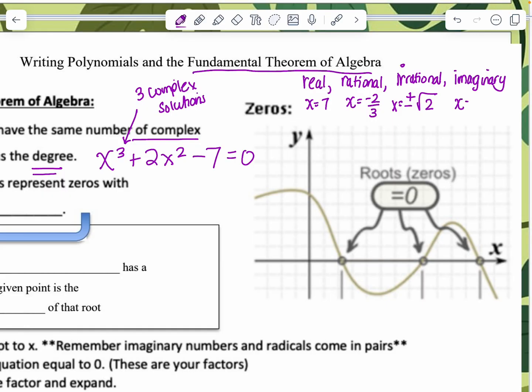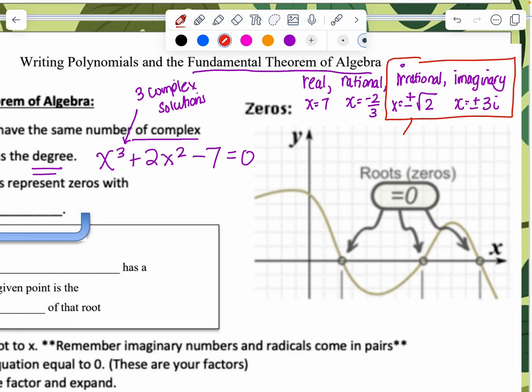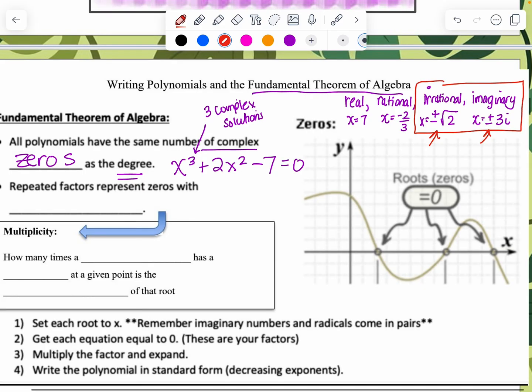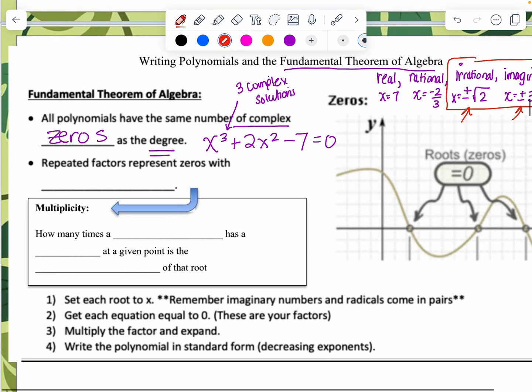So maybe x equals plus or minus 3i. Notice that both irrational and imaginary solutions have that plus or minus, and that's going to be really key as we move forward. So those are some examples of complex solutions.